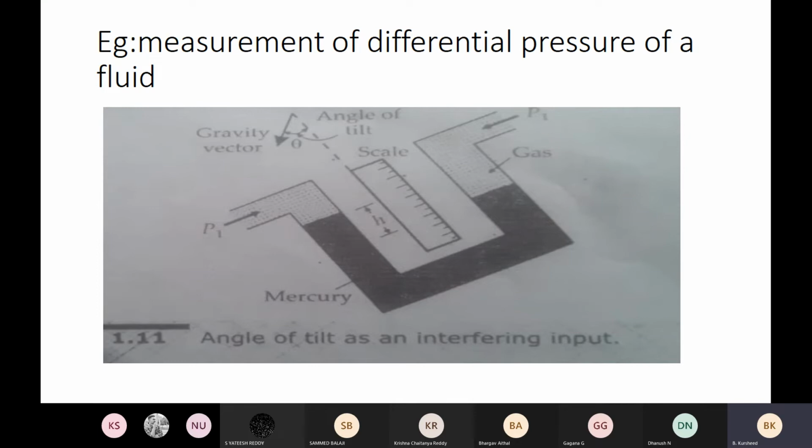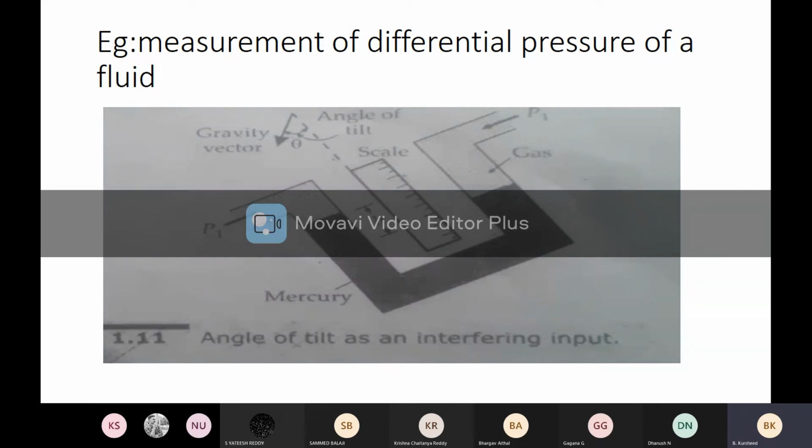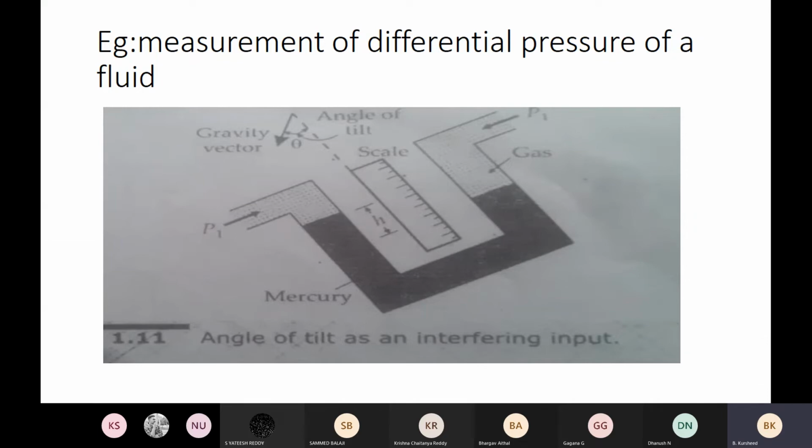Because of these two reasons, there is an H. H should be 0, that is, P1 minus P2 should be 0. Even though P1 minus P2 should be 0, you are getting some H. How to eliminate that H? By providing a modified input.